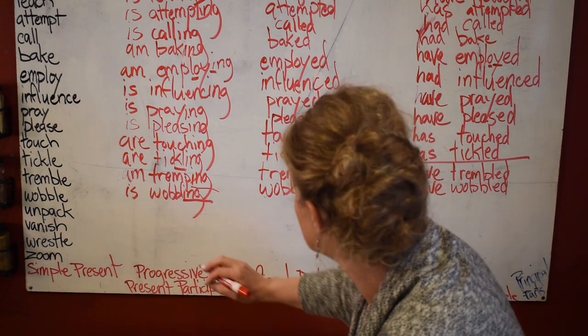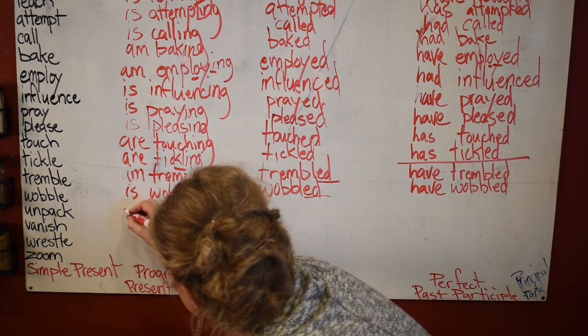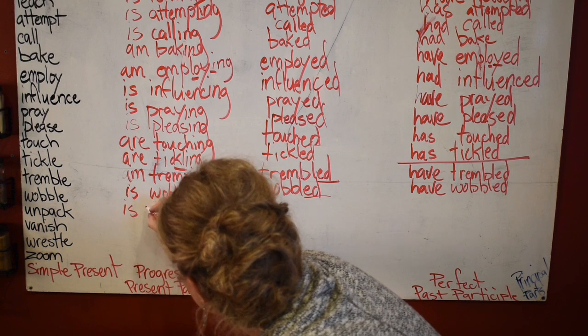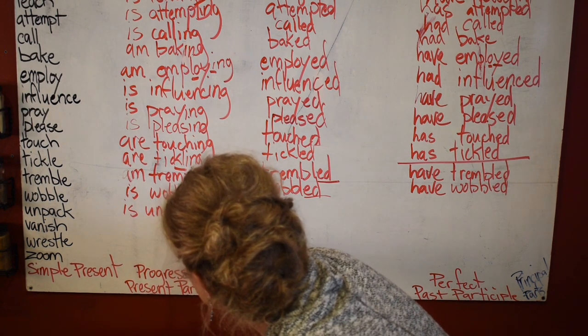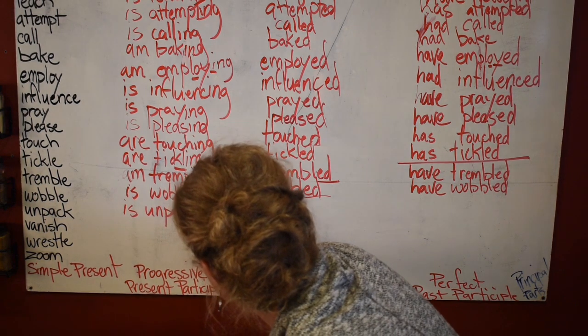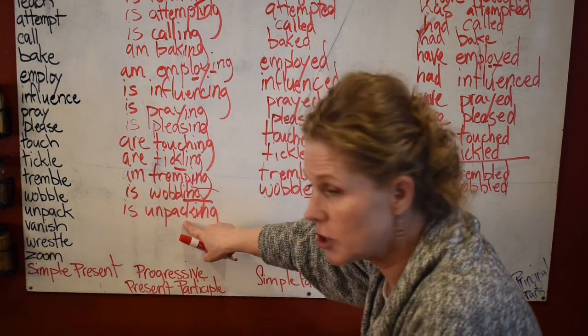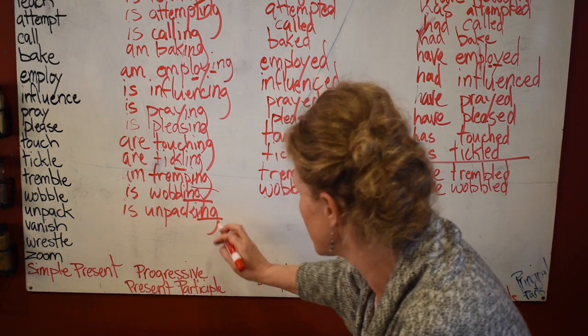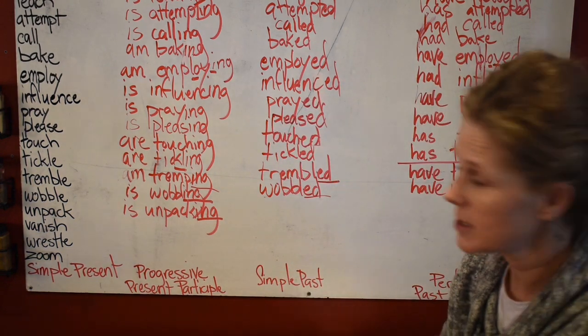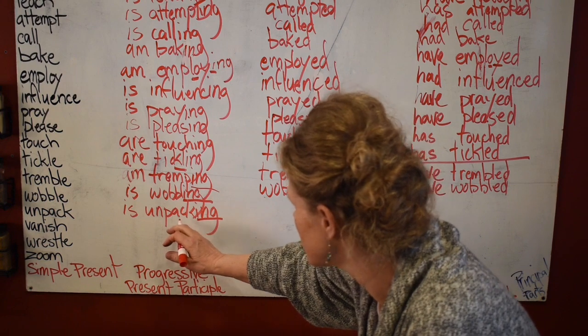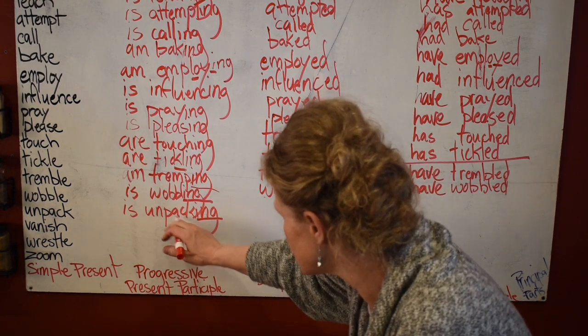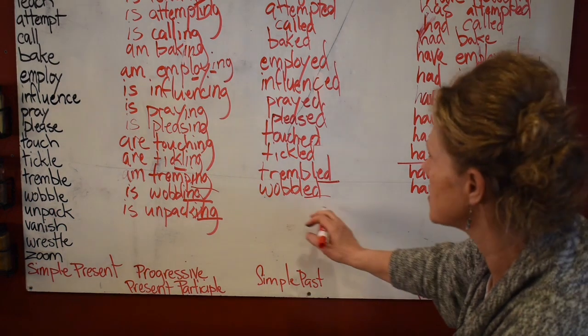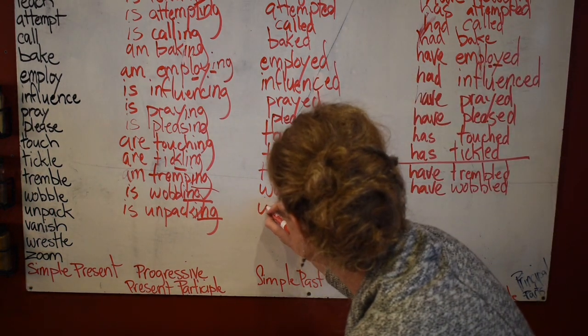Unpack, what are we going to do? Is unpacking. You do not need to do anything to add on this present suffix. This is the present suffix. There's nothing, you just add it on. How about unpacked?